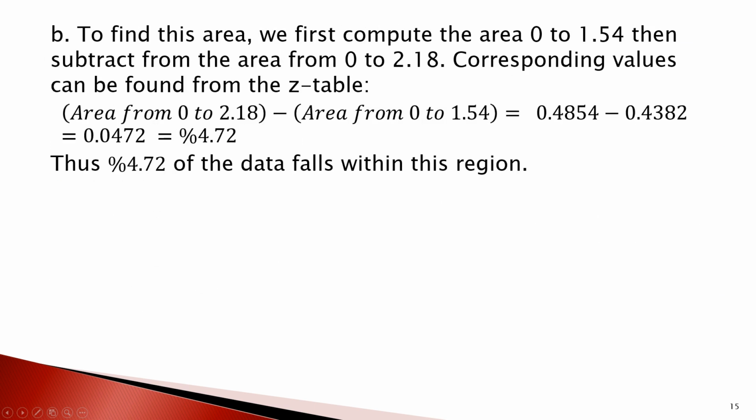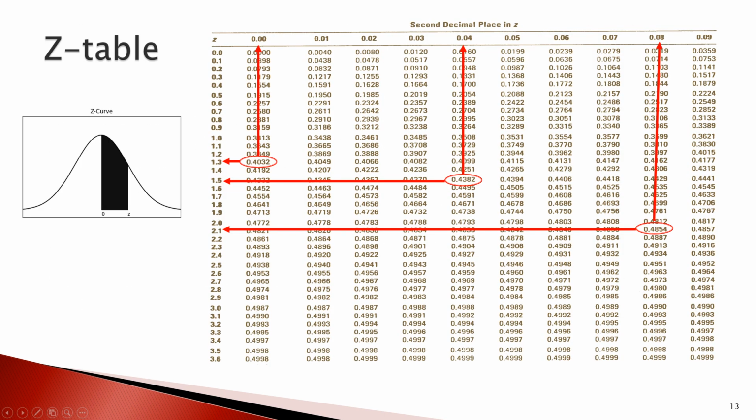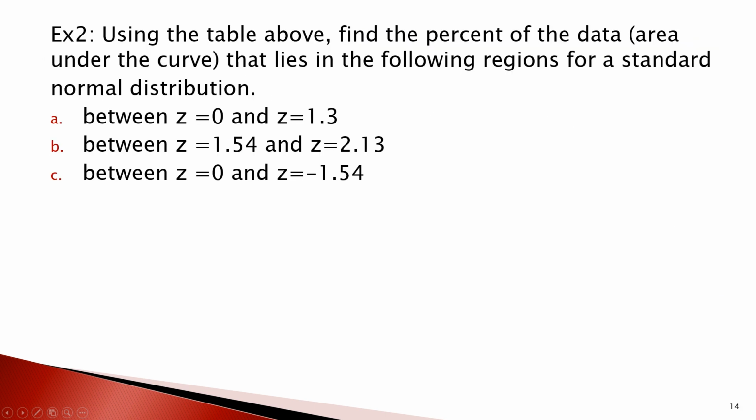So area from 0 to 2.18, how do we find it? We first go to the table. The area from 0 to 2.18: 2.1 is here, and then I'll go here. This is 0.18, so that corresponds to almost 0.48.